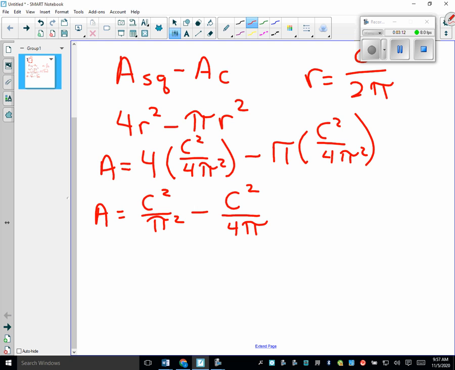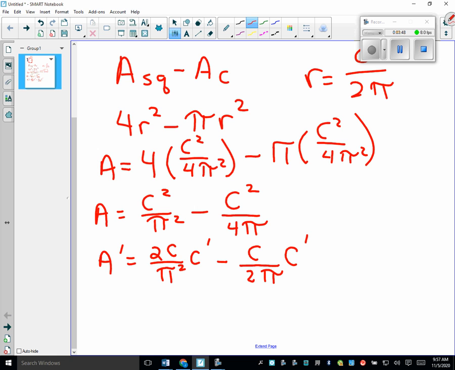Take the derivative. It is 2c over pi squared c prime minus c over 4 pi c prime.